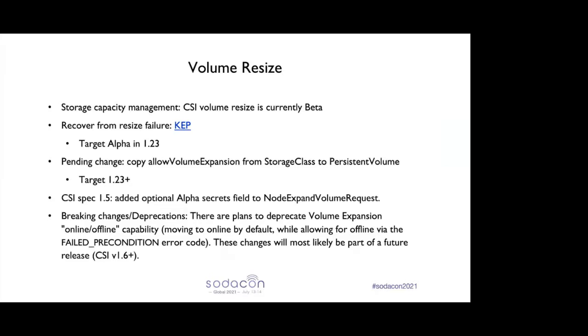So the goals are to allow users to cancel previously issued volume expansion requests, assuming they are not yet successful or have failed, and allow users to retry expansion requests with a smaller value than the original request size. This is targeting alpha in 1.23. Design discussions are still ongoing.